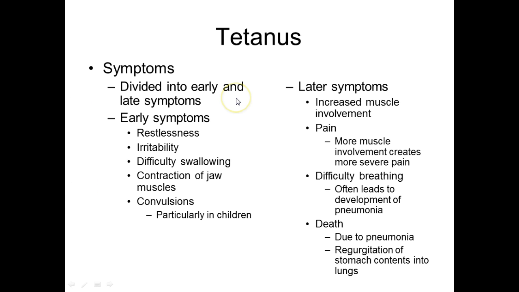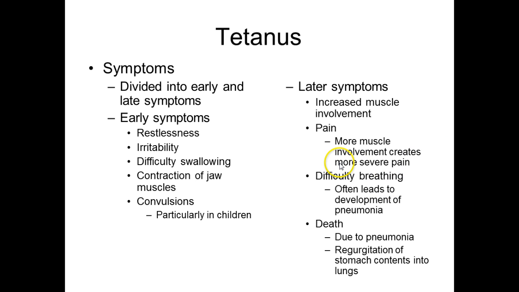Early on, they're going to experience restlessness, irritability, difficulty swallowing. As I said, contraction of the jaw muscles is where it tends to manifest pretty soon. Convulsions, particularly in children. Later symptoms include increased muscular involvement, severe pain, difficulty breathing, because we use muscles to breathe, do we not?